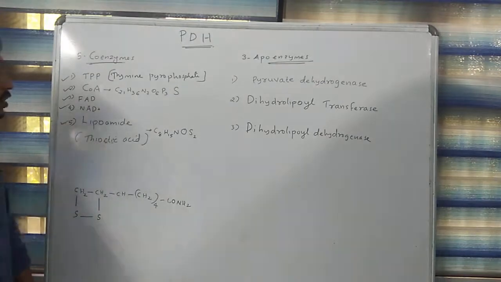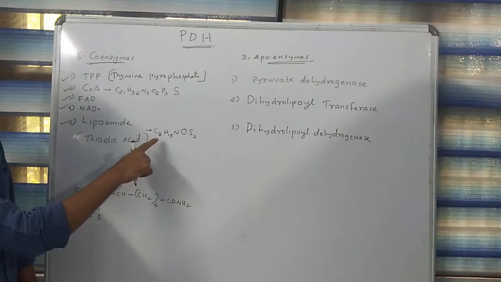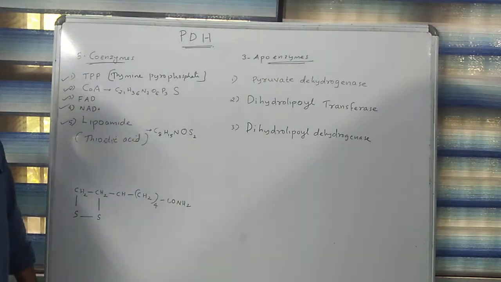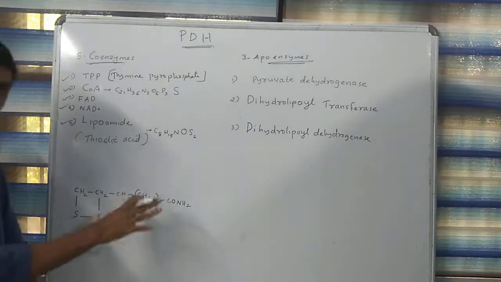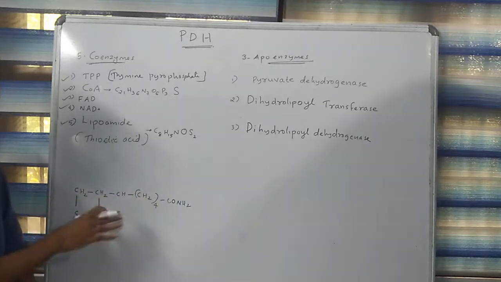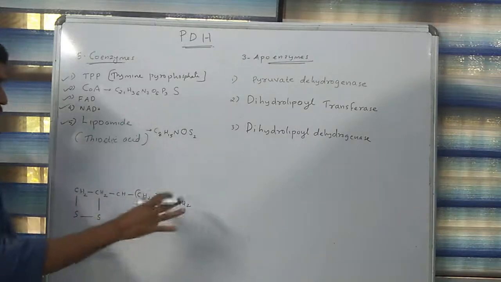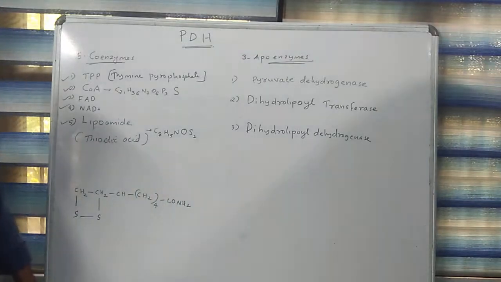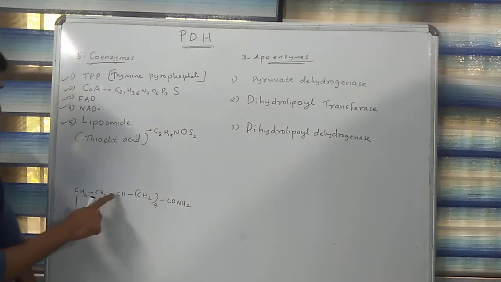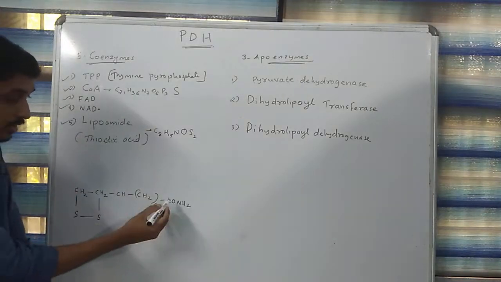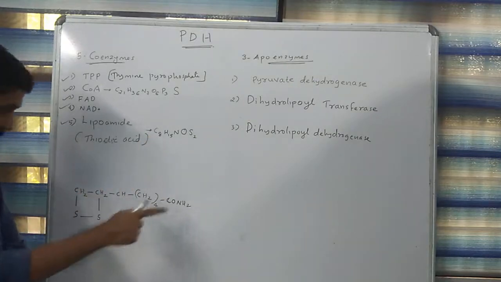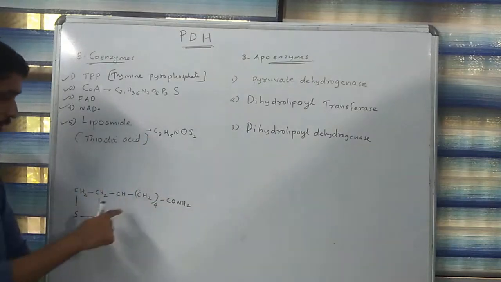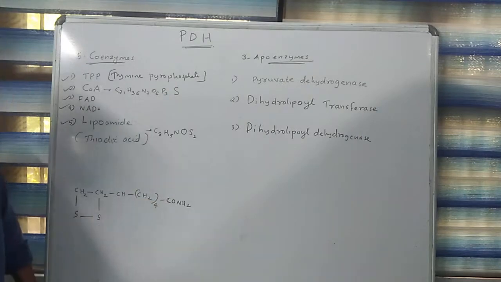And the fifth one is called lipamide. Actually, lipamide is an 8 carbon compound. You can see the molecular formula of that. It's not an accurate structure, it's just a molecular formula of lipamide. You can see 8 carbons, 15 hydrogens, 1 nitrogen, 1 oxygen, and 2 sulfur.